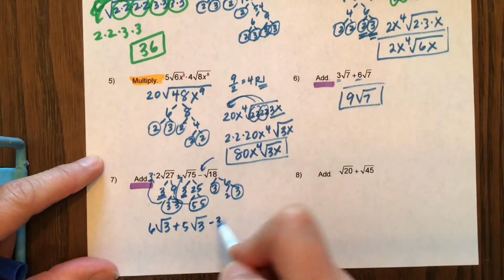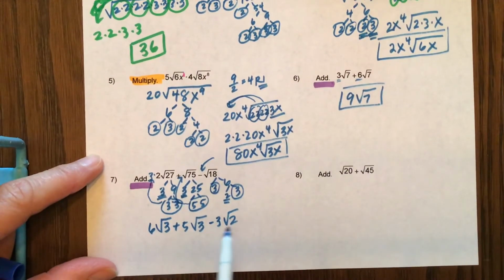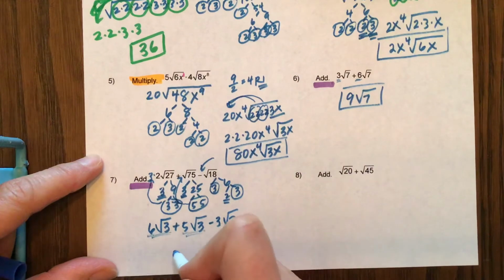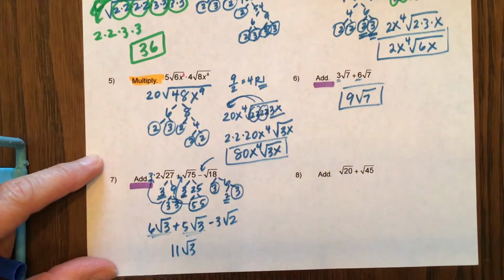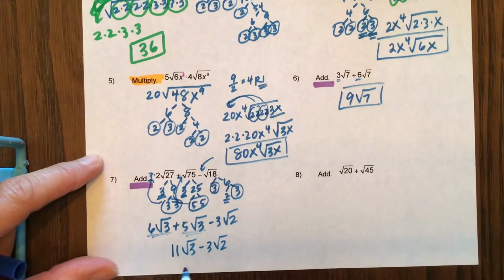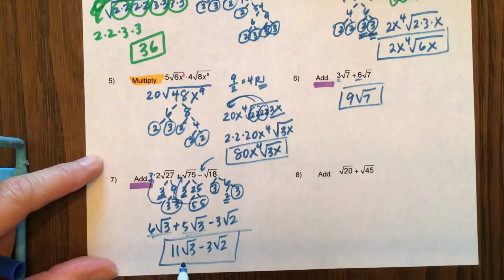So that's going to give me 3, but what's left over is a 2. So you'll note that that does not match my other radicands. So the best I can do, I can combine these guys into 11 times the square root of 3, but this is just going to have to drop down because they don't match. So the best I can do is 11 times the square root of 3 minus 3 times the square root of 2.